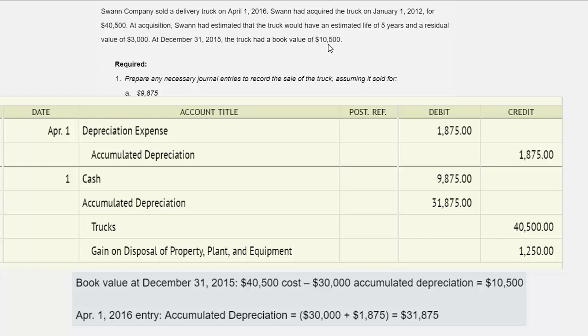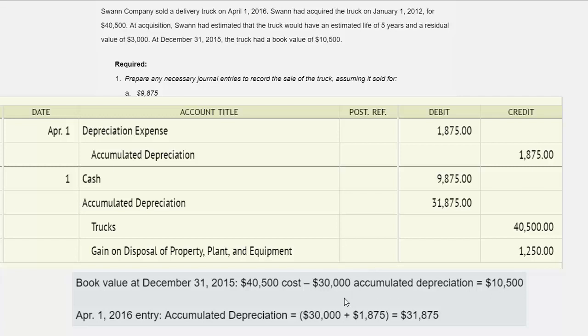So they told us there was $10,500 of book value. How did we come up with that? It was the $40,500 cost minus $30,000 of accumulated depreciation that must have been taken up to that point on the books, right? So if that was the case, we'd have $10,500 of book value.